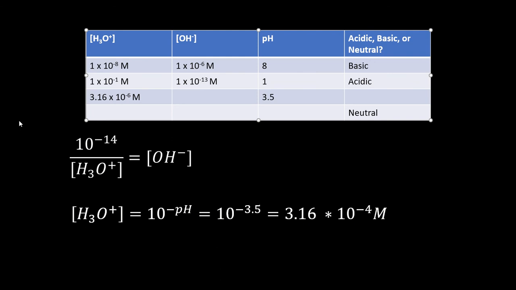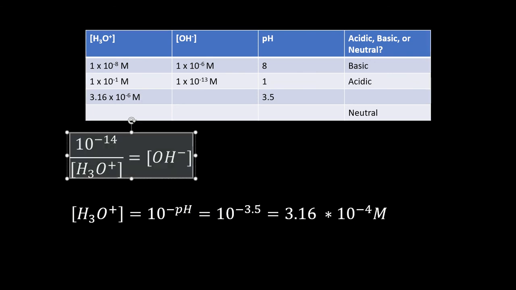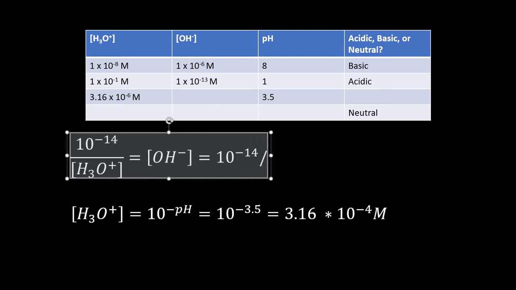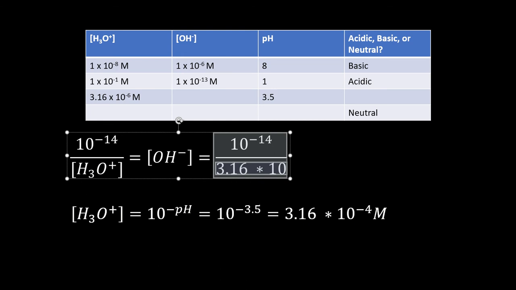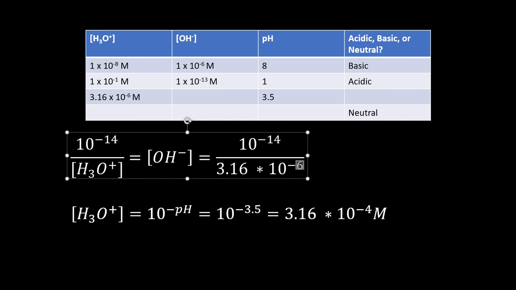And since now we know the hydronium ion concentration, we can plug it into our other rearranged formula to solve for hydroxide ion, or OH minus. That's just going to be 10 raised to the negative 14th power divided by our hydronium ion concentration of 3.16 times 10 raised to the negative fourth molars.